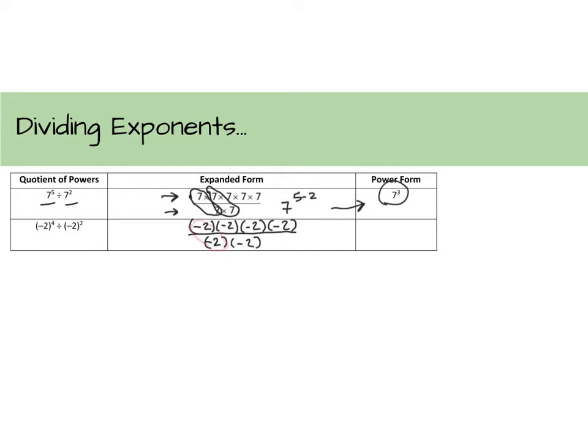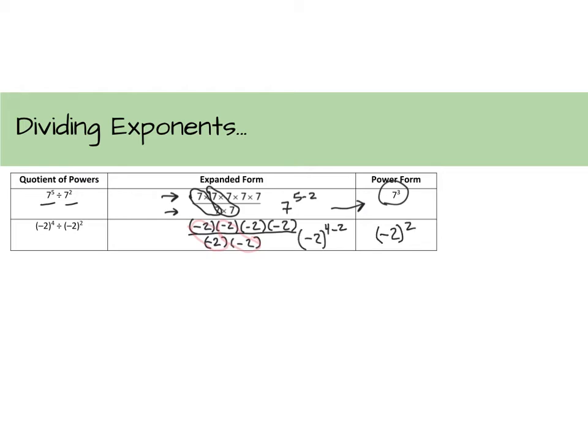And here you'll see we have 2 groups of 1, leaving us with 2 -2's. And we can show that, again, by subtracting our exponents, which gives us a final answer of -2 exponent 2.